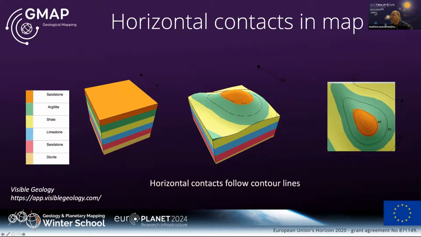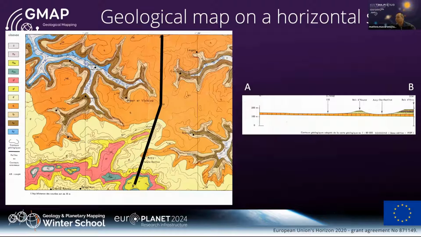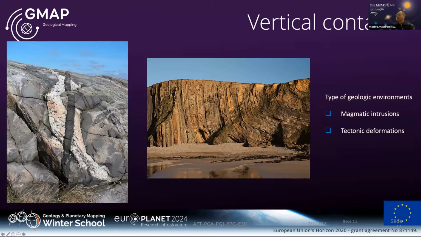This is, for example, a case here on a geological map on Earth, in which we see that these contacts are nearly parallel to the contour lines, and the geological section that has been done from A to B shows the horizontal contact. So it's quite easy. You can see where there is a contact and then just draw a horizontal plane.